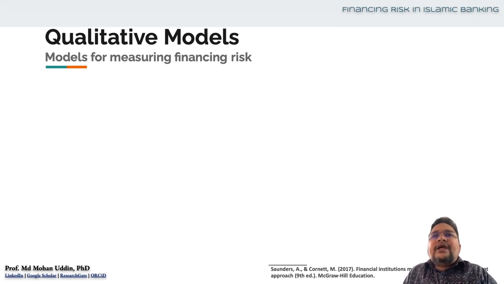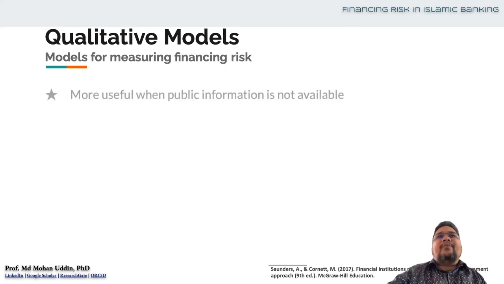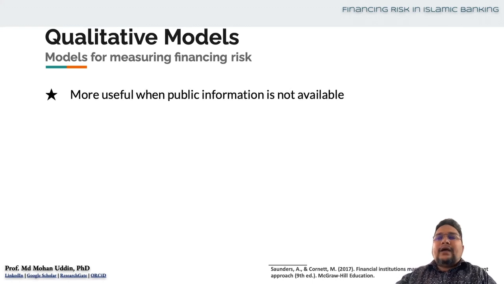So the degree of financing risk can be understood by measuring it. How can we measure that? We can measure the financing risk using two approaches: one is quantitative and another one is qualitative. Qualitative models are appropriate for the customers for whom we do not have access to public information.